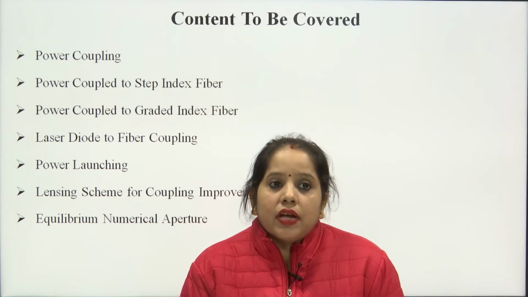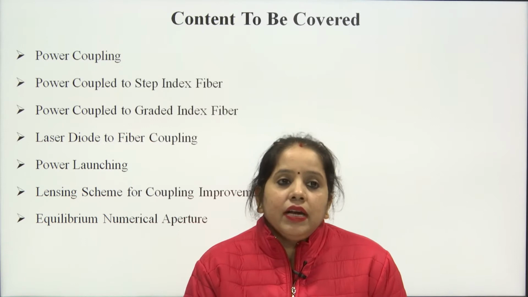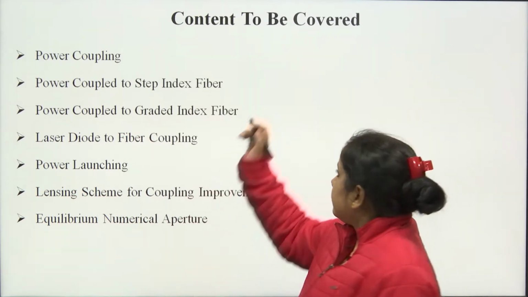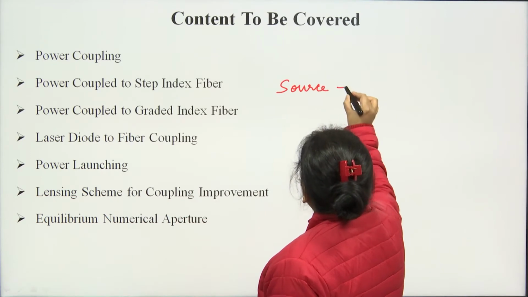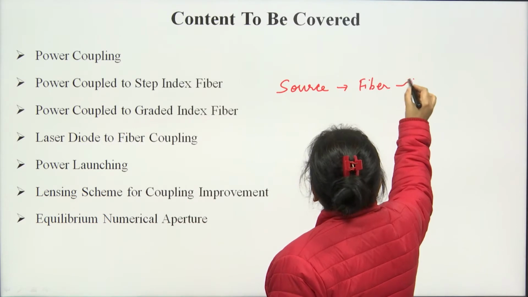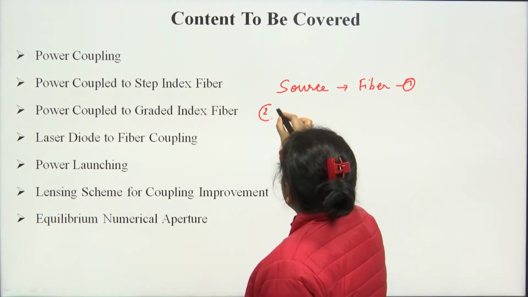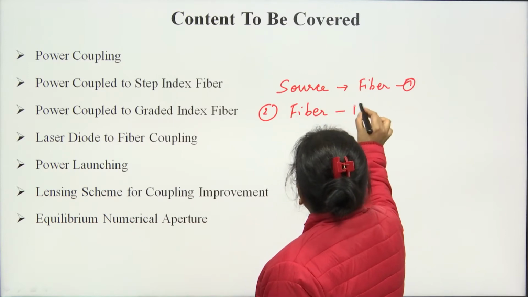So, just have a recap of the previous lectures. In the previous lecture, we have gone through the power coupling methods. Power coupling occurs when light goes from source to fiber in the first case, and in the second case from fiber to fiber.